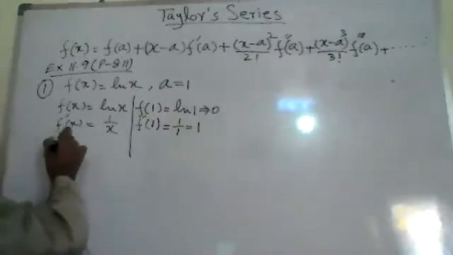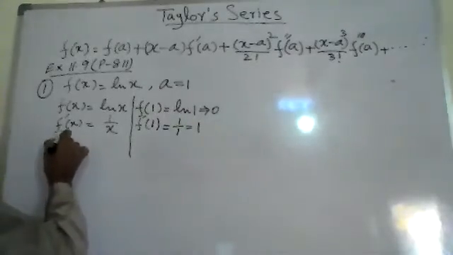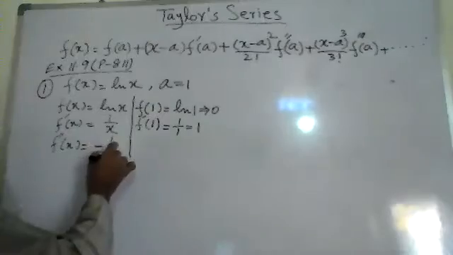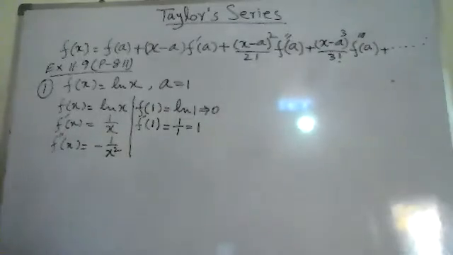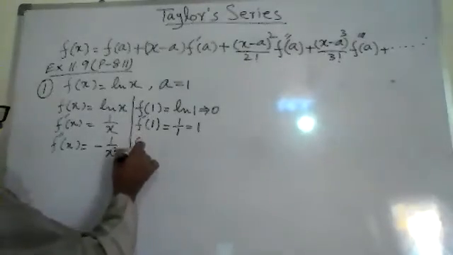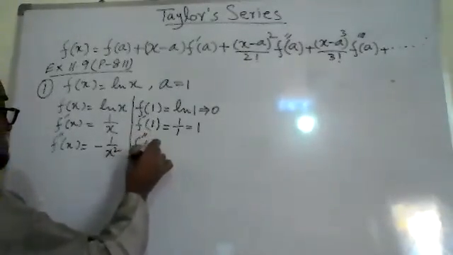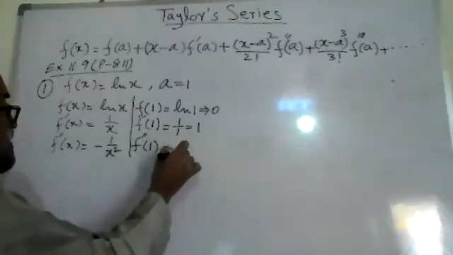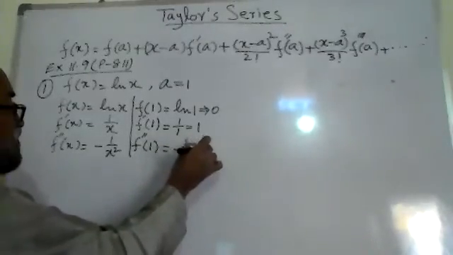Second derivative, f double dash x is minus 1 upon x square. The derivative of 1 upon x is minus 1 upon x square. So f double dash 1 is minus 1 upon 1 square, which is equal to minus 1.